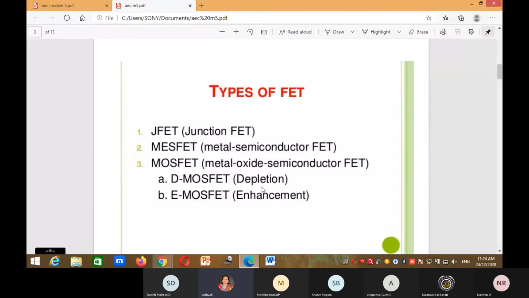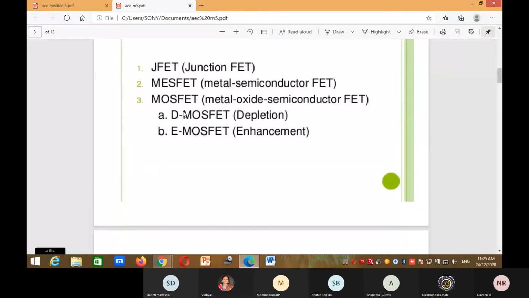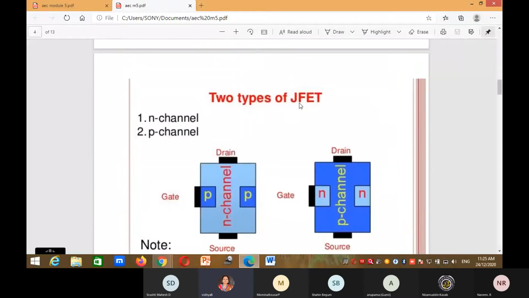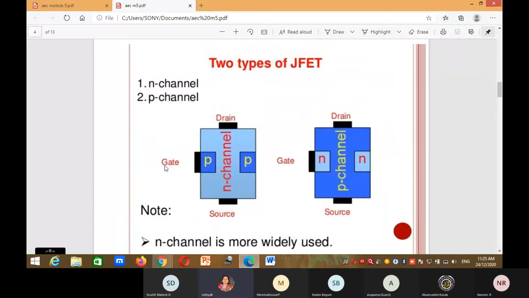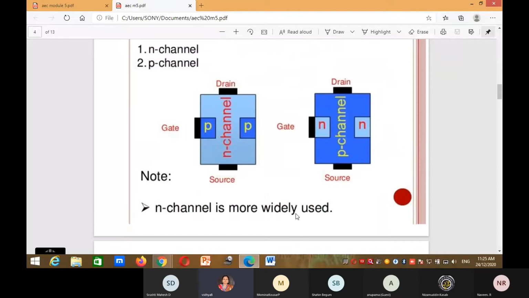D MOSFET is nothing but depletion MOSFET, and E MOSFET is nothing but enhancement MOSFET. JFET has two types, N channel and P channel. You can observe here that N channel is more widely used. We always prefer the N channel.